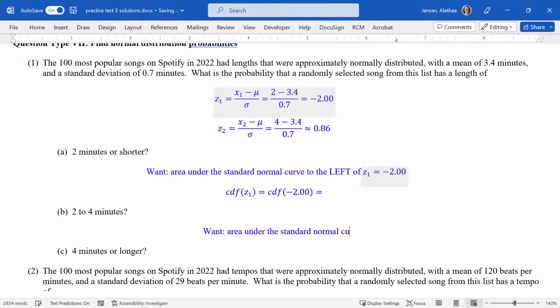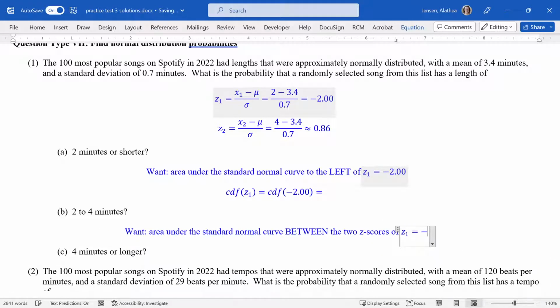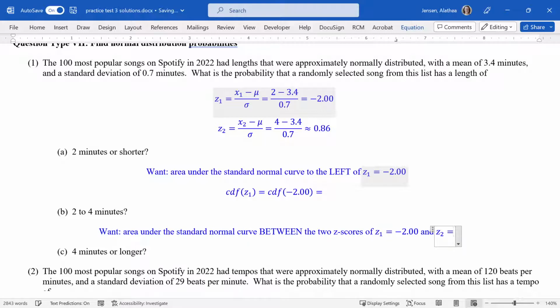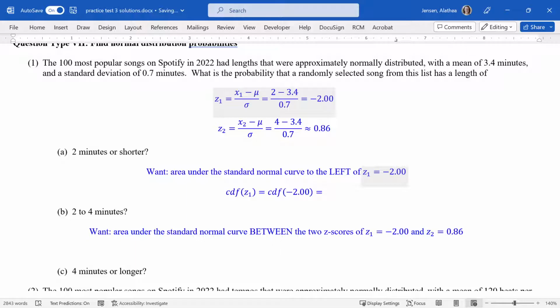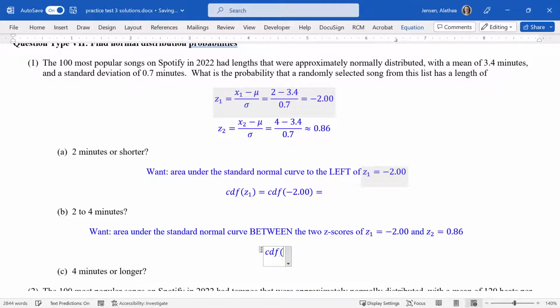Because we're looking between two numbers, we want the area under the standard normal curve between the two z-scores: Z1, negative 2.00, and Z2, which is 0.86. Okay, and the way that you get the area between two z-scores under the standard normal curve is you look up the CDF of each of them, and you take the bigger one minus the smaller one. So in a minute, we will go and do that.